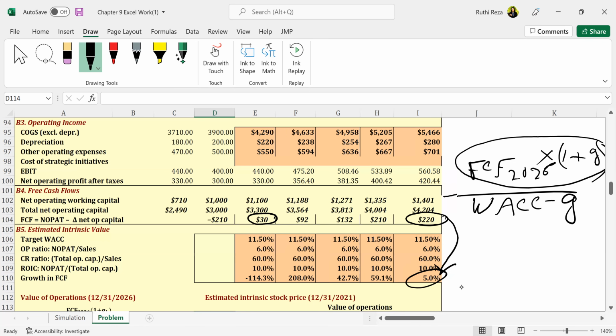So the value you're going to get based on the constant growth model will be 1 year earlier. That means you're going to get value in the year 2026. Is it clear? All right, then let us now apply.